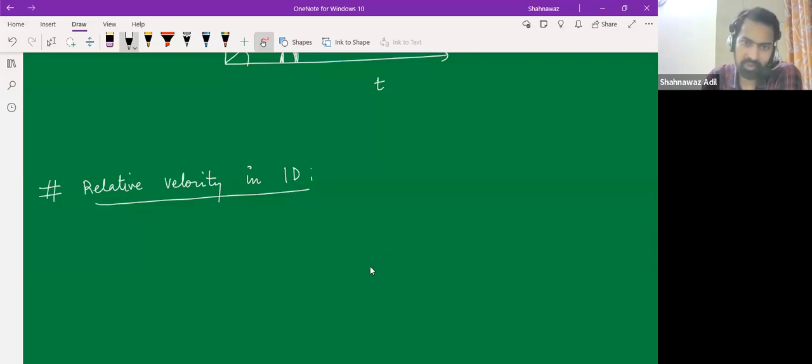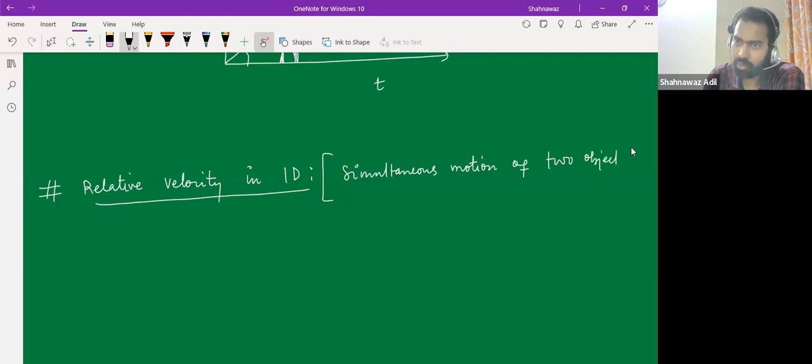What is relative velocity? This comes due to the simultaneous motion of two objects. So let's say that we are talking about two objects.